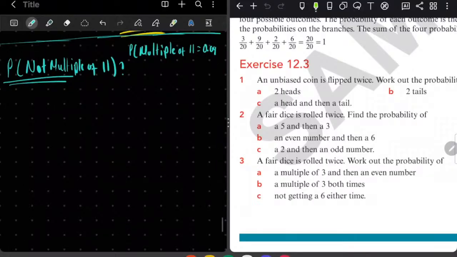So find probability that it's not a multiple of 11. How do you do these not ones? How do we find them? Do it and give me an answer. Let's see.